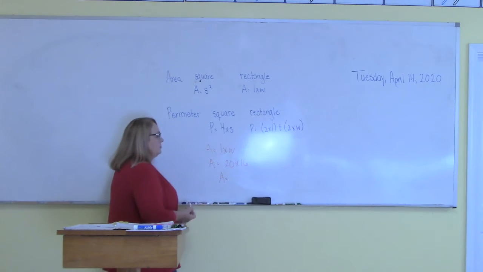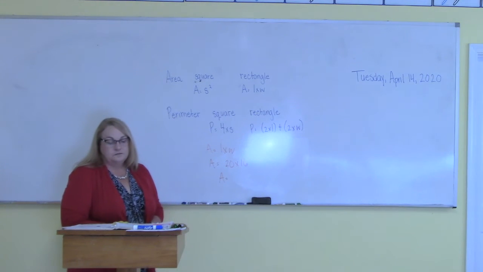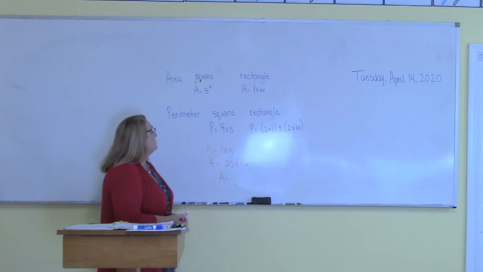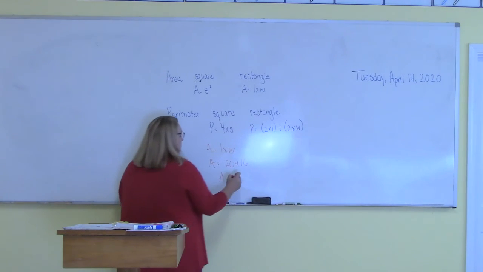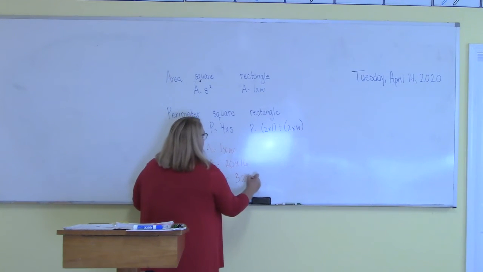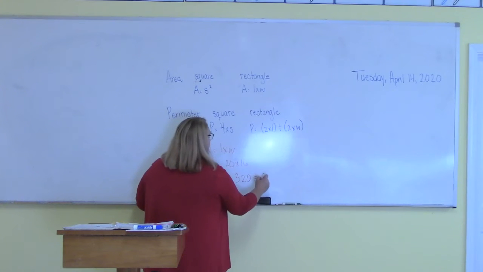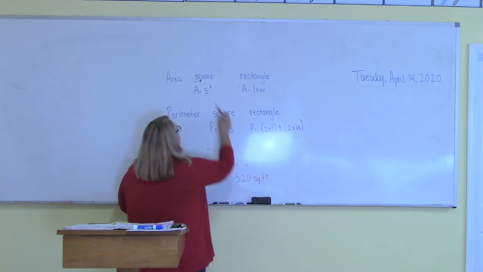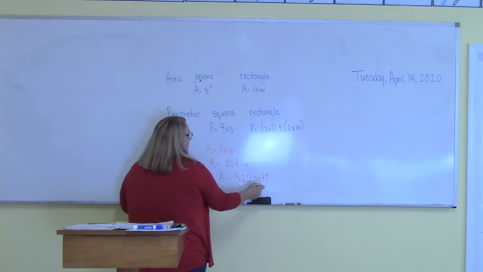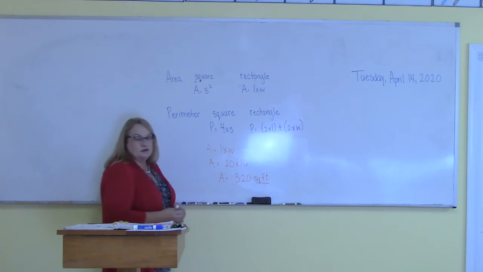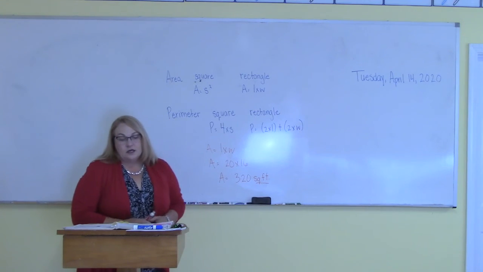Multiply this out. Good. 320 square feet. Remember when we are finding the area of a square or a rectangle, you add square feet to your answer.